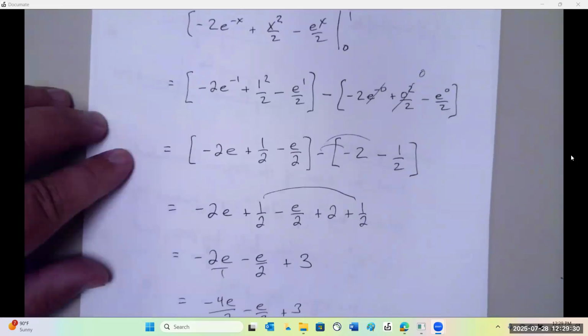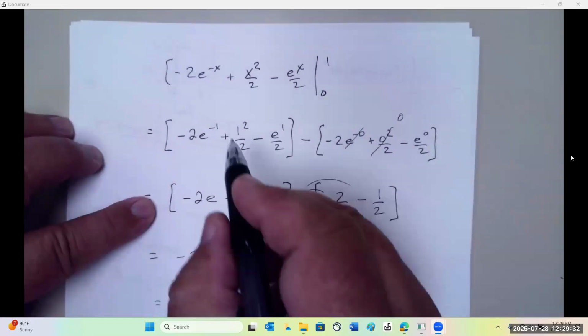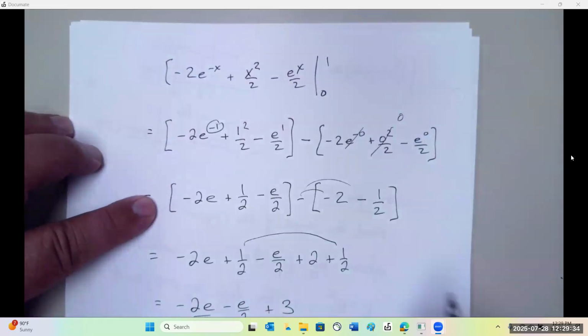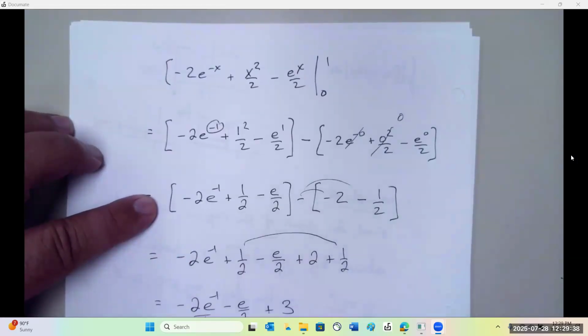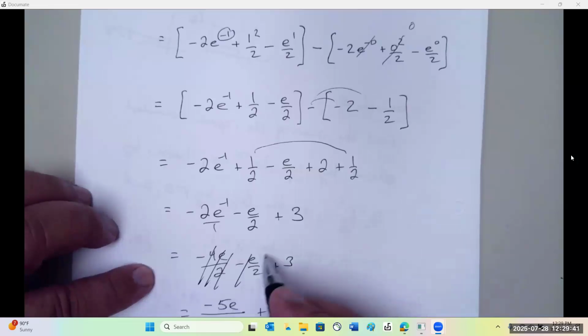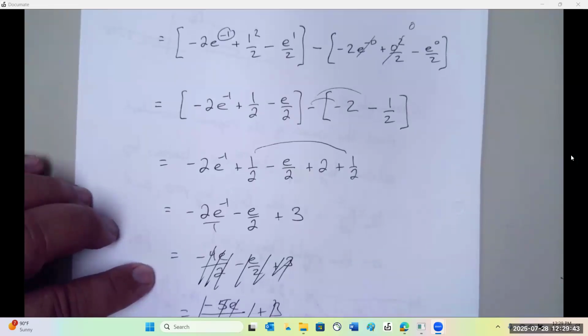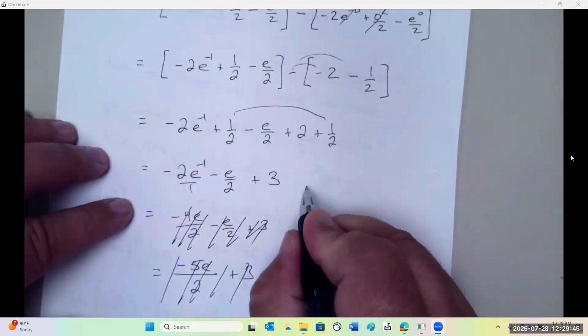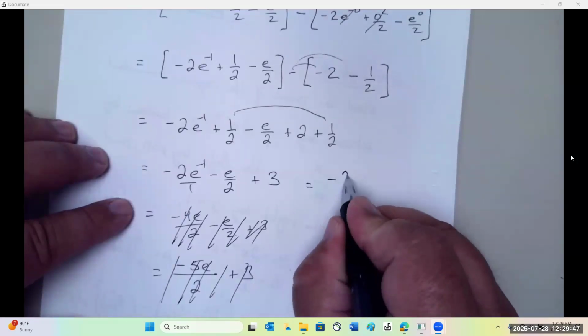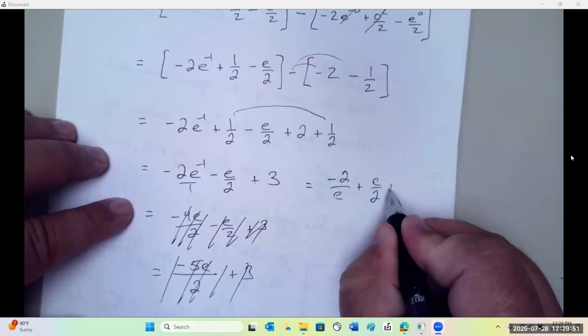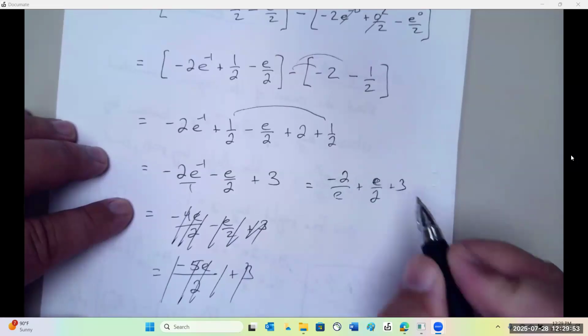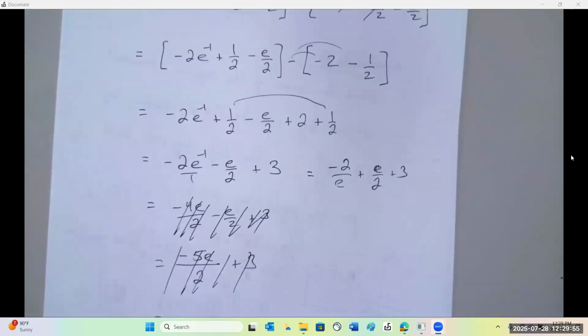Oh, I forgot something. My bad. This is a negative 1. I can't combine them. Because it's going to be negative 2 over e plus e over 2 plus 3. Woo.